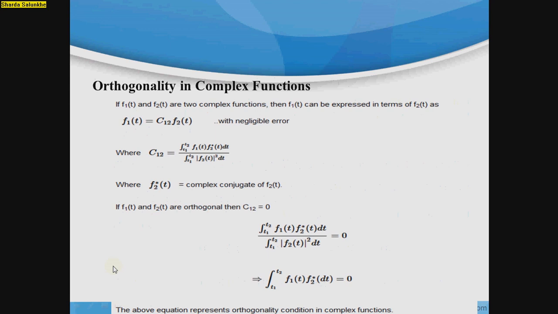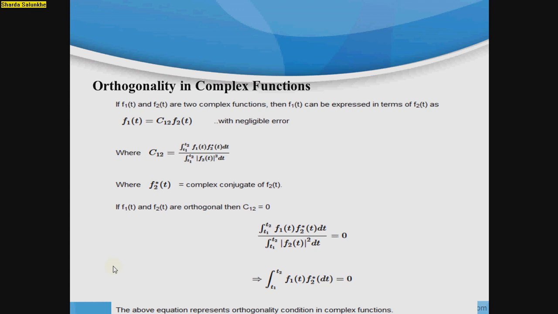Next, orthogonality in complex functions. If f1 and f2 are two complex variables and we can express f1 in terms of f2, then f1 is equal to c12 f2 with negligible error.